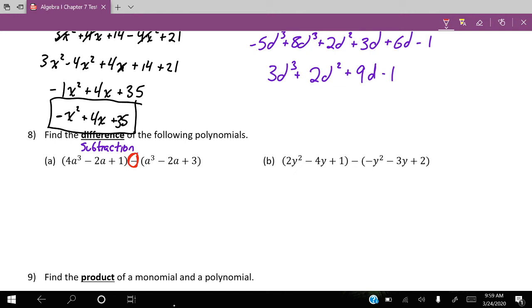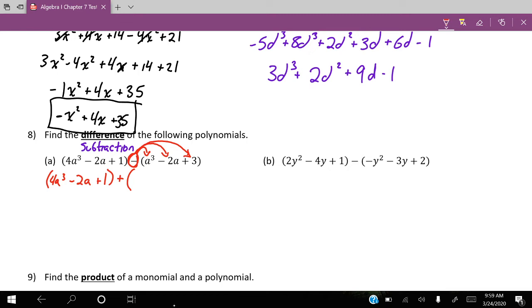So we're going to distribute the negative sign into every single part of the term after it. The first term stays the same. It's simply going to be 4a to the third minus 2a plus 1. Now, the next one, when you distribute this negative, it becomes a plus sign.